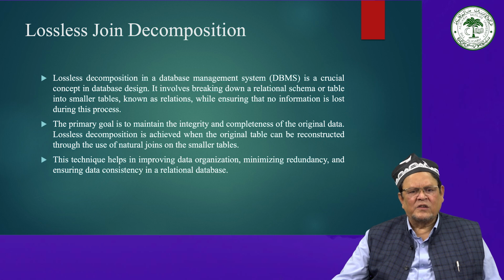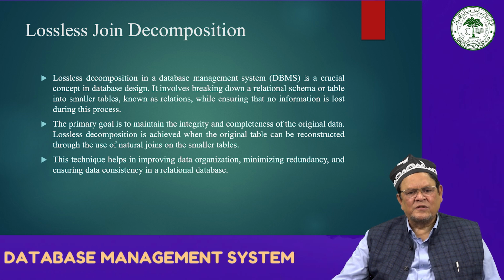Lossless joins are achieved when the common attributes used for joining are a key or a part of a key in at least one of the participating relations. This ensures that each tuple in the resulting joined relation can be uniquely identified and reconstructed from the original relations.